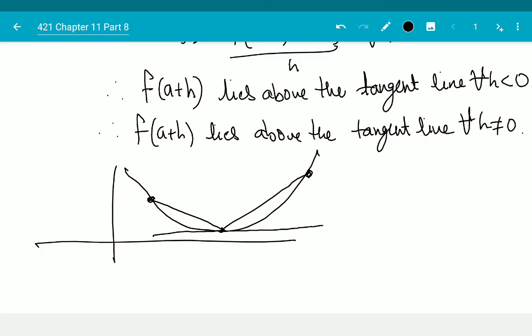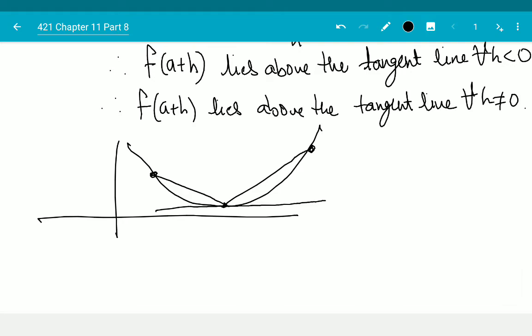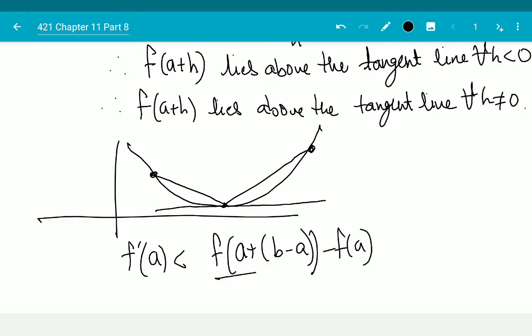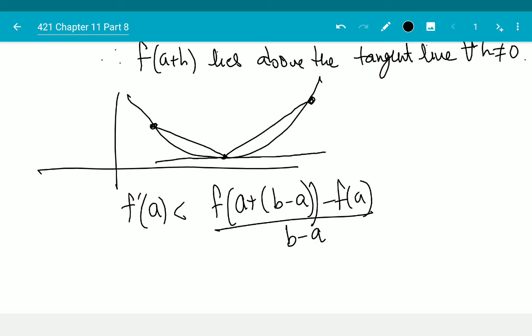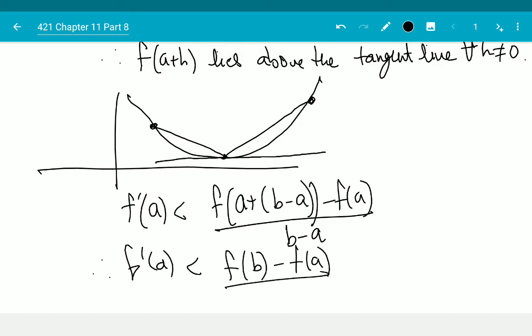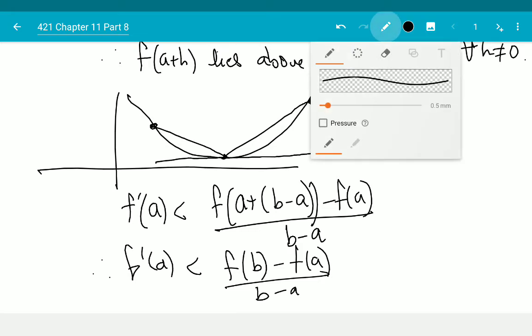Now, to show part 2 of the theorem, I can say that, well, f prime of a is smaller than f of a plus b minus a minus f of a over b minus a, which is to say, therefore, f prime of a is strictly smaller than f of b minus f of a over b minus a, right?